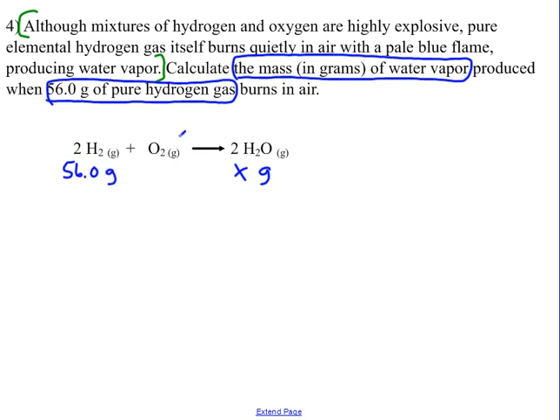So for this equation, we're not doing anything with the oxygen. All of these stoichiometry problems, you will begin with the quantity that you are given. 56.0 grams of H2. Again, notice that I wrote down all 3 significant figures, 56.0. I included the unit, and I included the identity of the substance, so grams of H2.